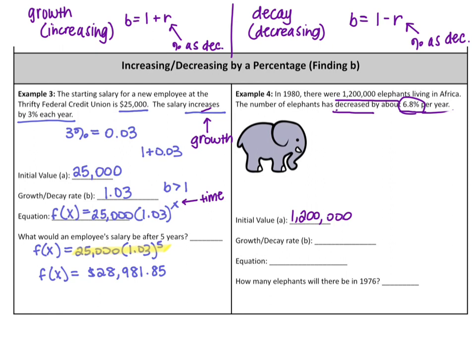So if I take my decimal here, 6.8% translates to 0.068. In decreasing situations, I do 1 minus 0.068 in order to find my B value.